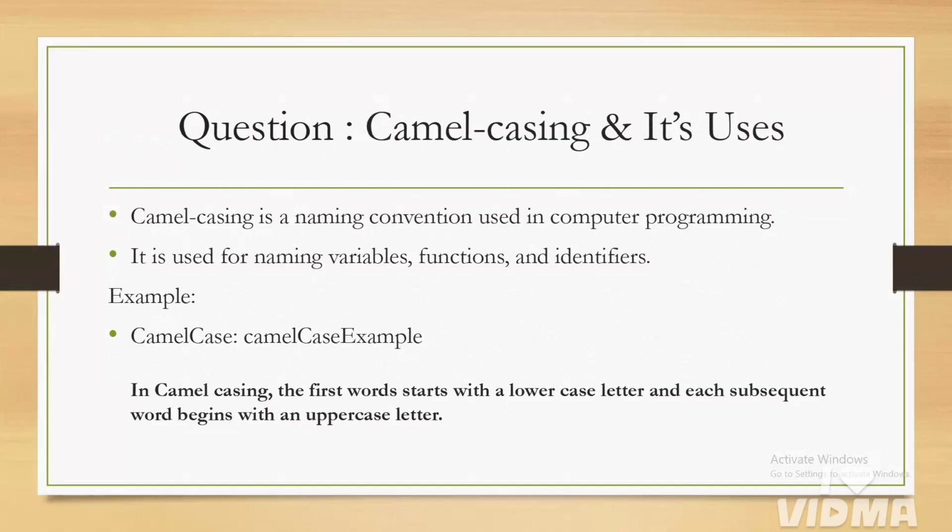In camel case, the first word starts with a lowercase letter, and after completing one word, the next word's starting letter will be uppercase. Each subsequent word begins with an uppercase letter.